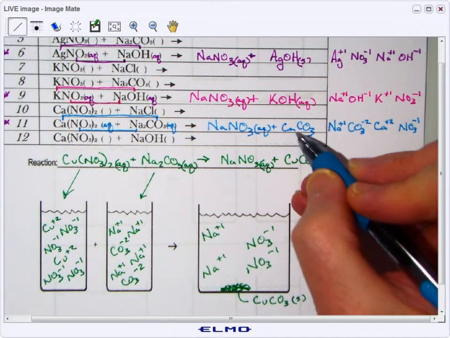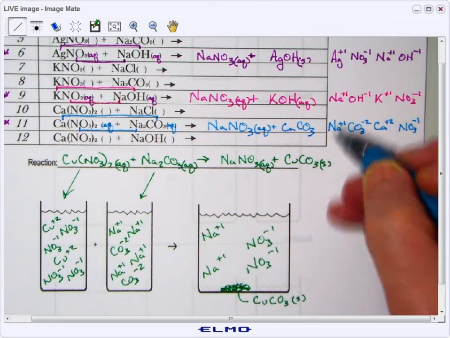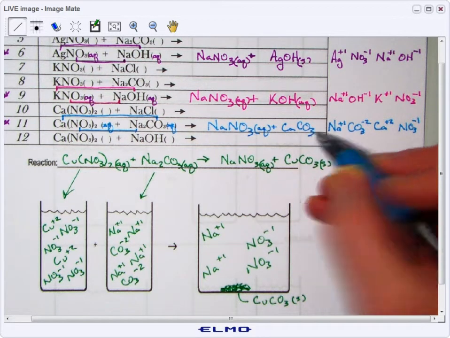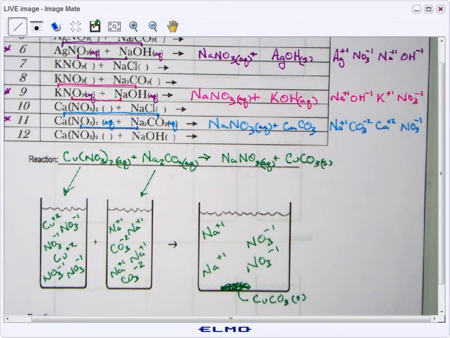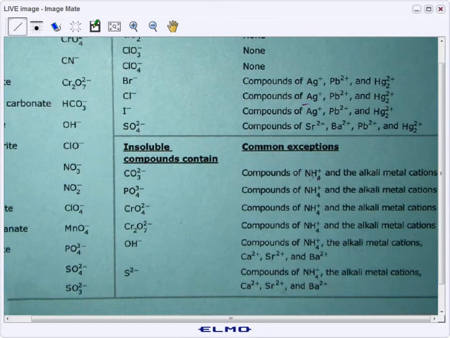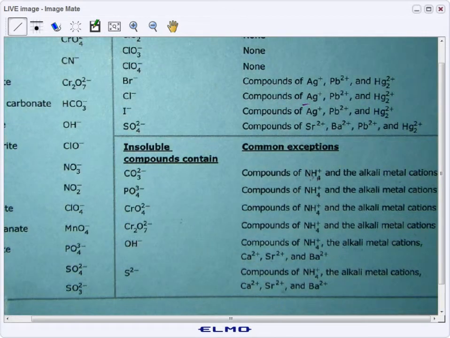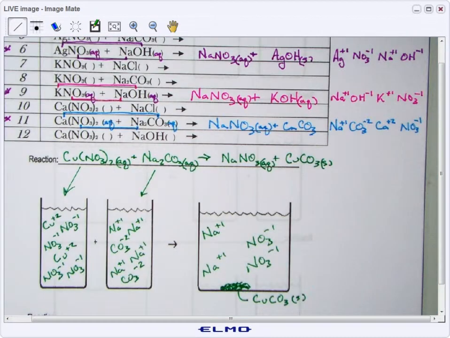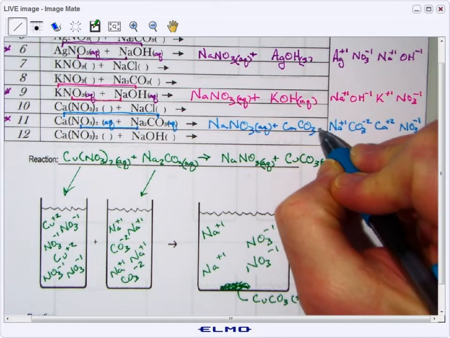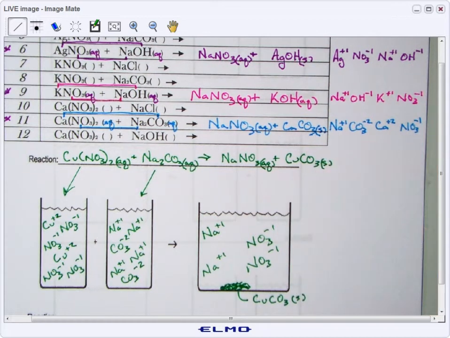One's a +2, the other one's a -2. So that's just a 1-to-1 ratio. So we look at our solubility table. We find carbonates. They're generally insoluble. They do not like to dissolve. Okay. And it's not one of the exceptions, so we'll write a little S behind that.